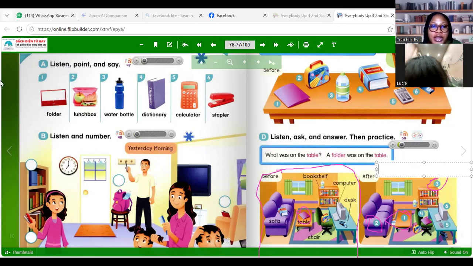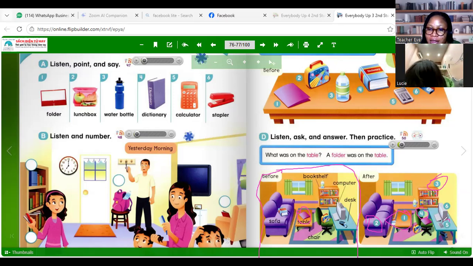Okay, then number 4. What was on the chair? A lunchbox was on the chair. Good. Nice one, Lucy. Okay. Then number 5. What was on the desk?